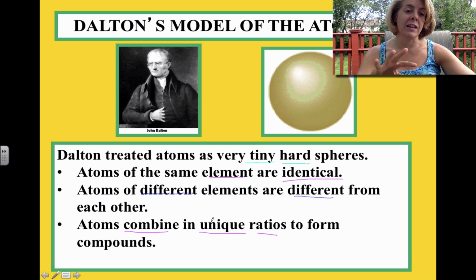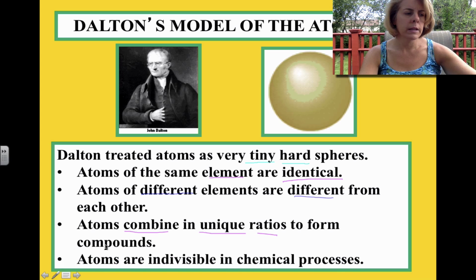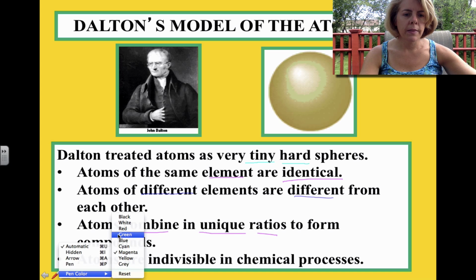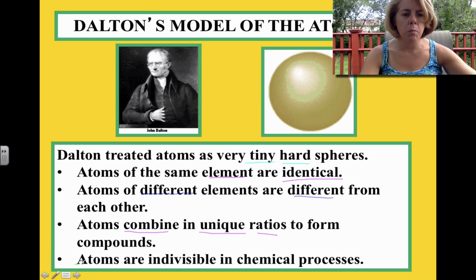So notice that he noticed that different compounds have different unique ratios, and that was groundbreaking. And then lastly, he said that atoms are the smallest bit you can get. So when you have a chemical process, those atoms cannot be divided up. That's the smallest building block that you have within chemical processes.